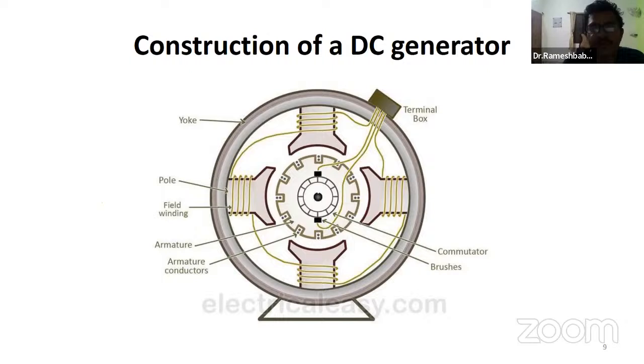The first part is the yoke. It is the outermost cover of the machine, made of cast iron or cast steel material. It protects the inner parts of the machine, and it provides a flux path. These are the important points you need to write.